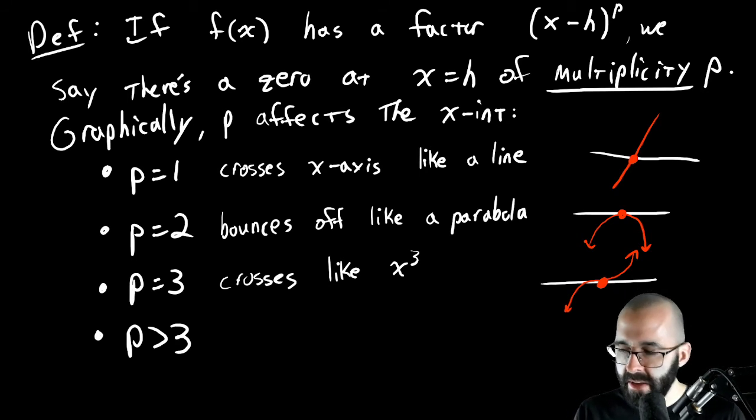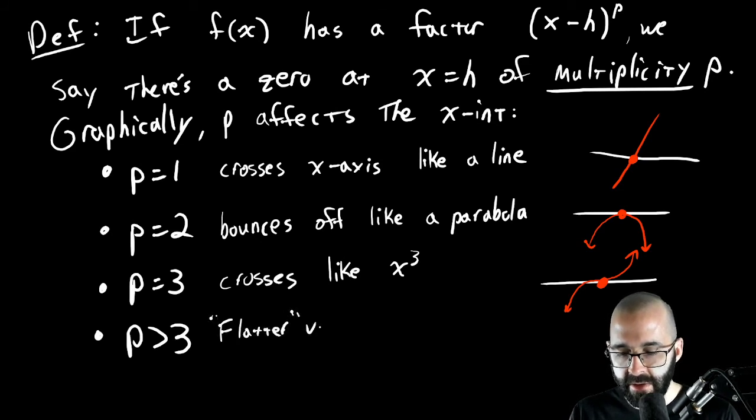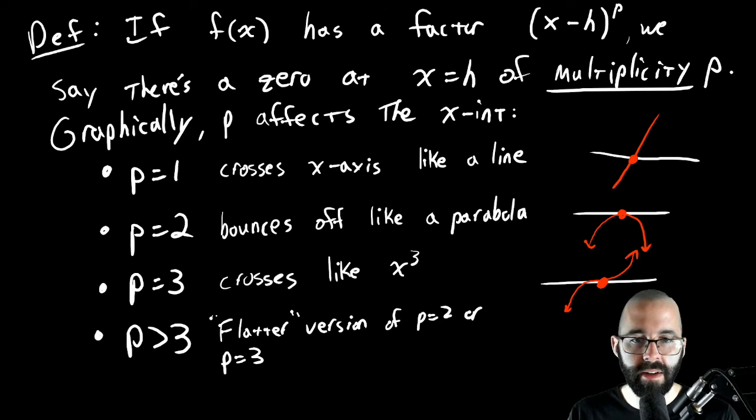And if it's bigger than 3, then depending on whether it's even or odd, it's just like a flatter version of p equals 2 or p equals 3. And it depends on whether even or odd.